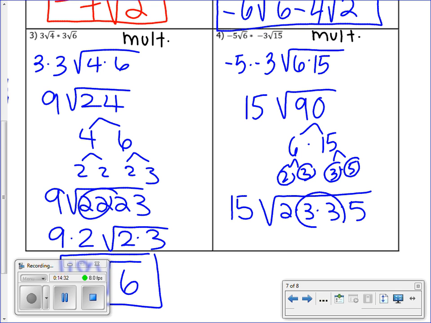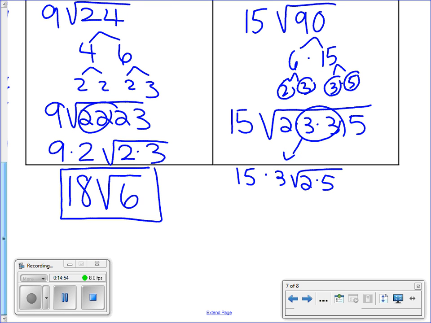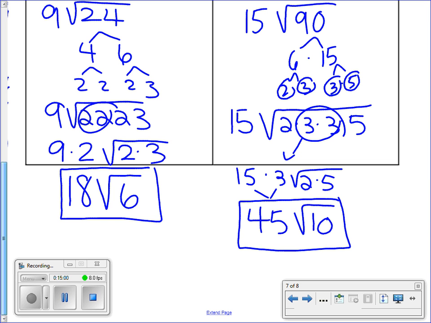Circle twins. We only have a set of 3, so they come out. So you have 15 times 3 square root 2 times 5. 15 times 3 is going to give us 45. Square root 10 is your final answer.